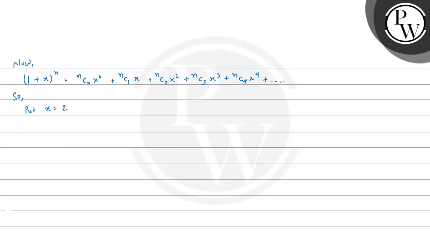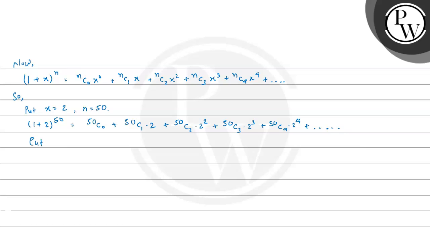When we put x equal to 2 and n is 50, we get (1 + 2)^50, which is 50C0 + 50C1 multiplied by 2 + 50C2 multiplied by 2^2 + 50C3 multiplied by 2^3 + 50C4 multiplied by 2^4 plus and so on.